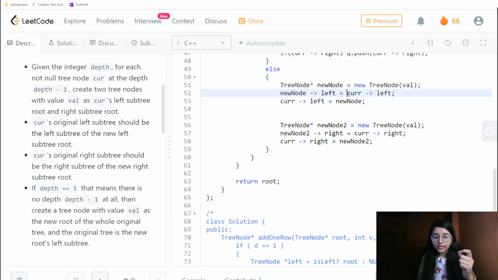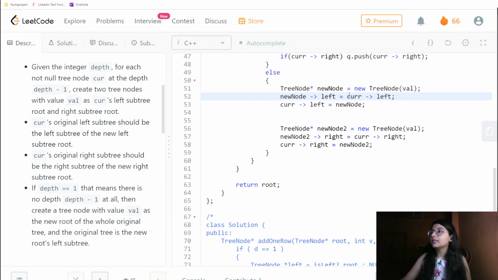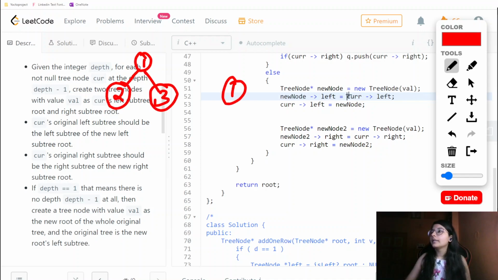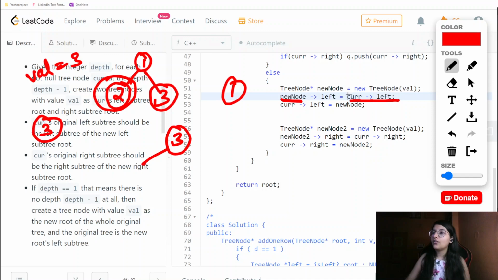Means the thing is that at this moment here we were having this tree like this. So at one, basically now our new node, say our value was equals to 3, right? So our new node is having this value. So whatever was there earlier with the current left, basically this particular thing, now we are adding that here. And current left equals to new node.